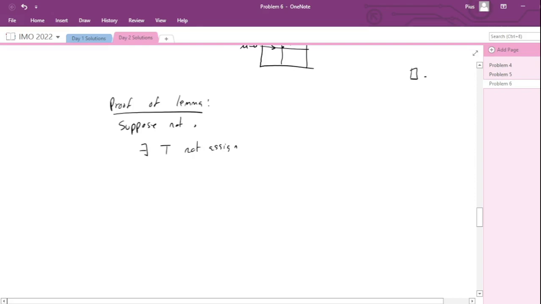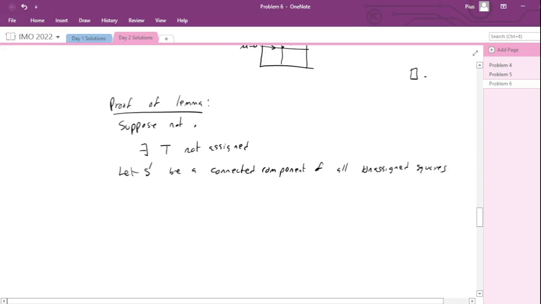Okay. So what we're going to do is we are going to pick a component of squares that are connected yet not assigned. So let S prime be a connected component of all remaining or unassigned squares, unit squares.